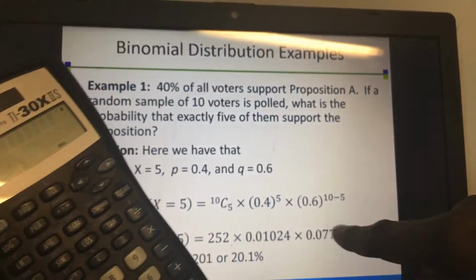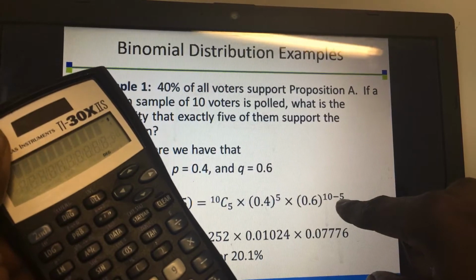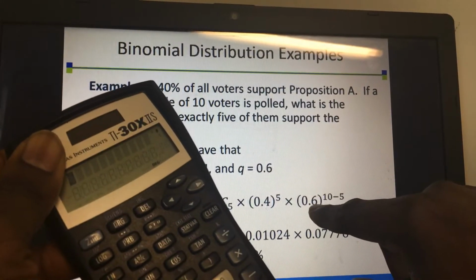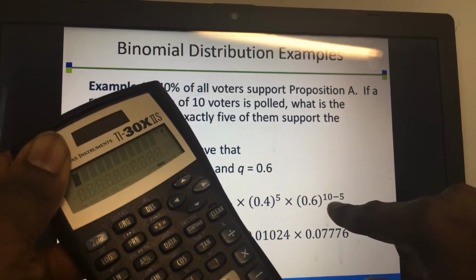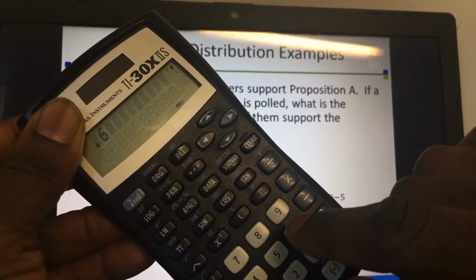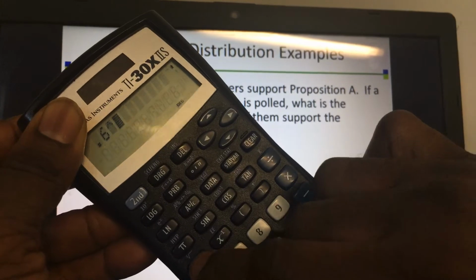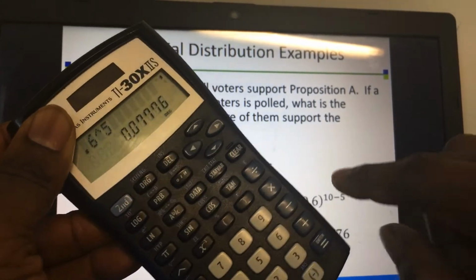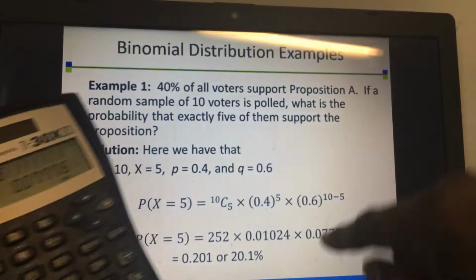Then times 0.6, and 10 minus 5 is 5, so this means 0.6 to the power 5, which is 0.0776, you can see right there.